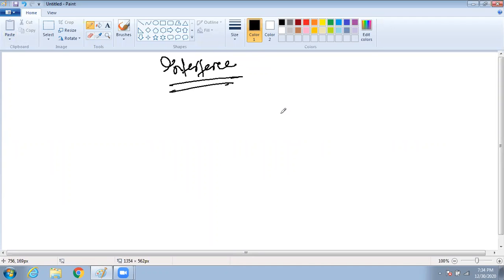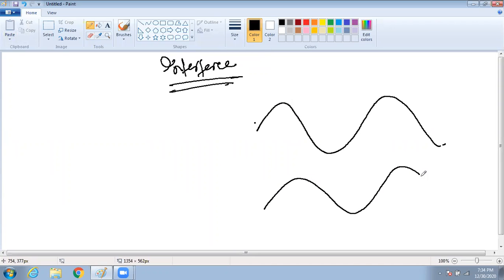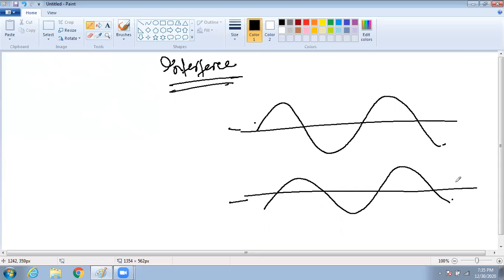Basically, remember, when you say two rays, I have two rays. One ray is like this, and another ray is like this. If these two rays are superimposing, what do you mean by superimpose? Merging.